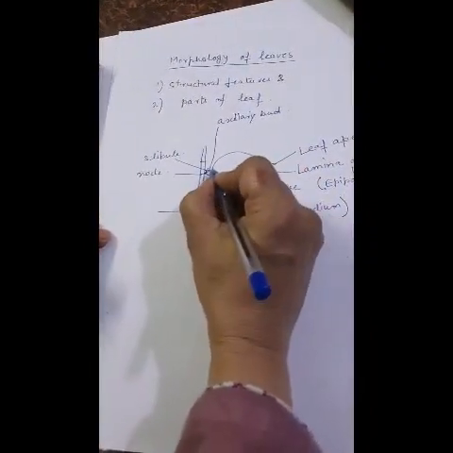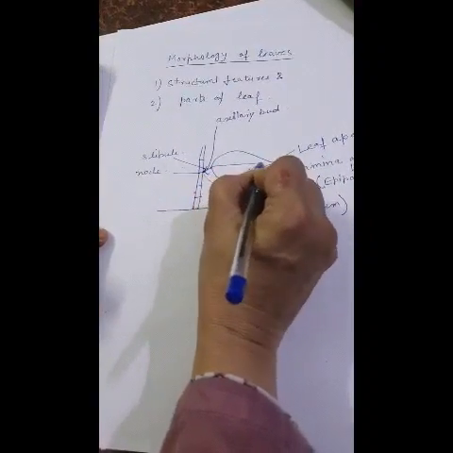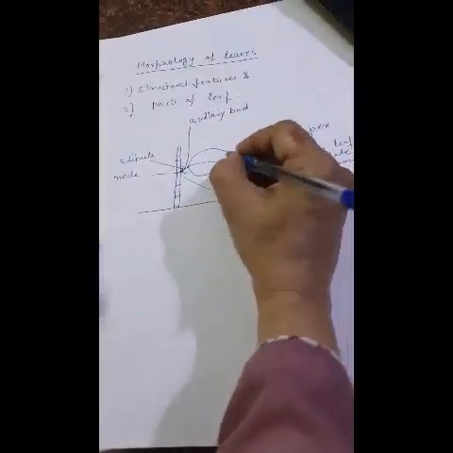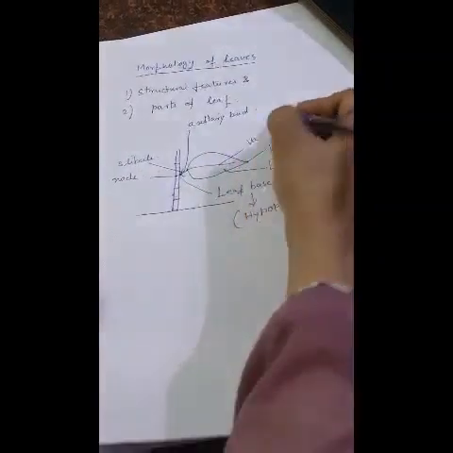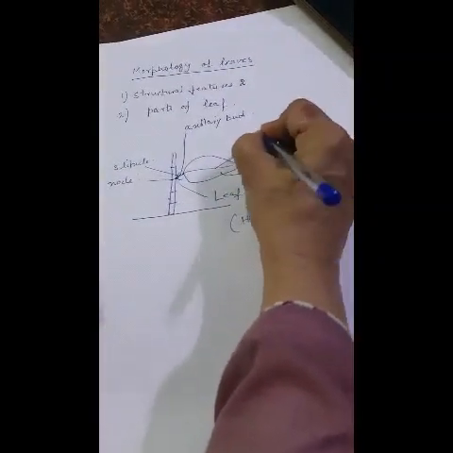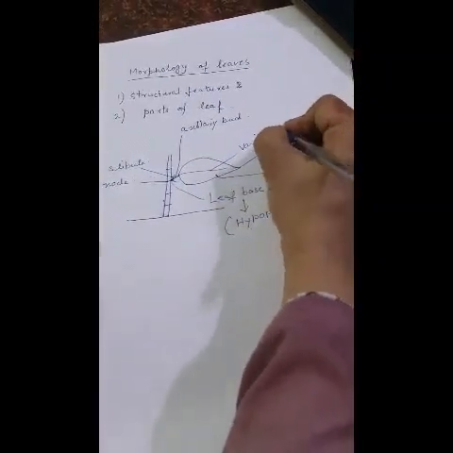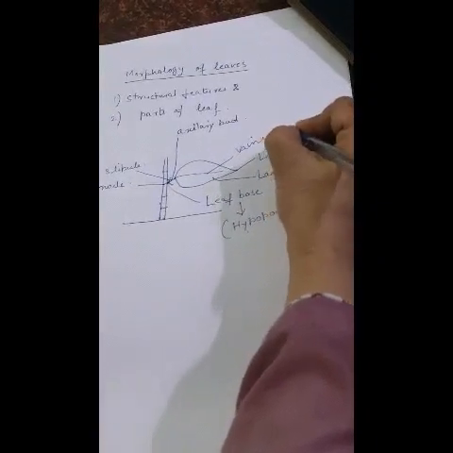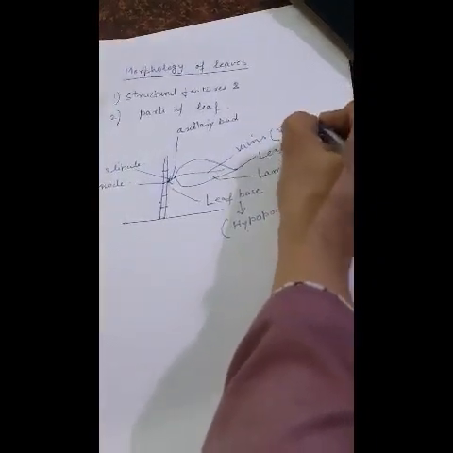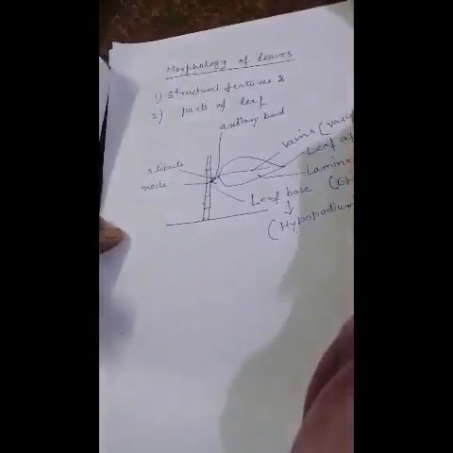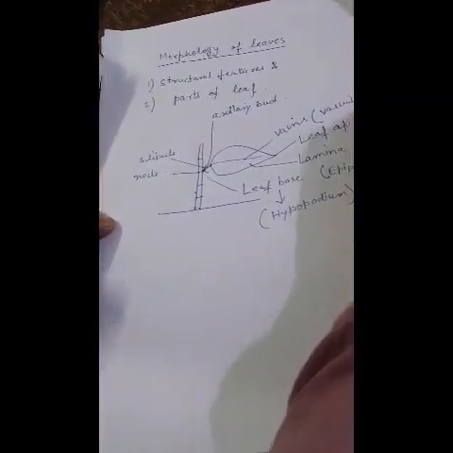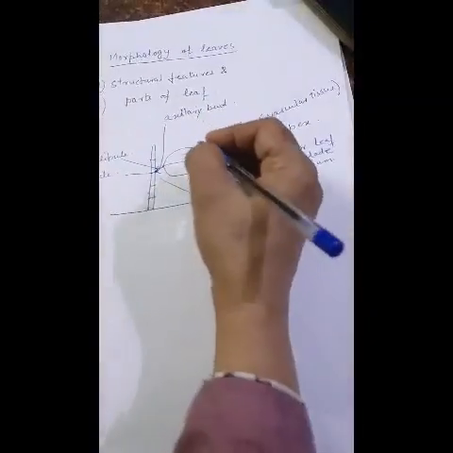Different veins are seen on the leaf. These are veins. These are vascular tissues. Vascular tissues means xylem and phloem.